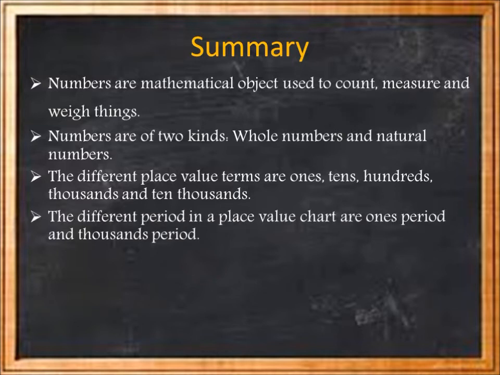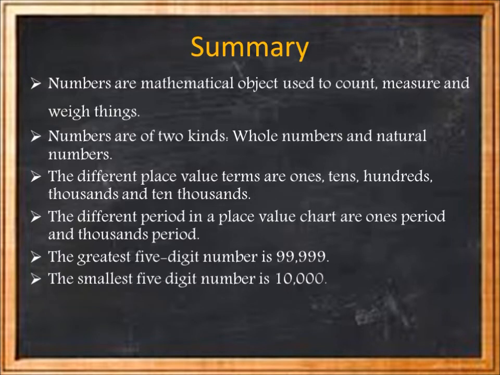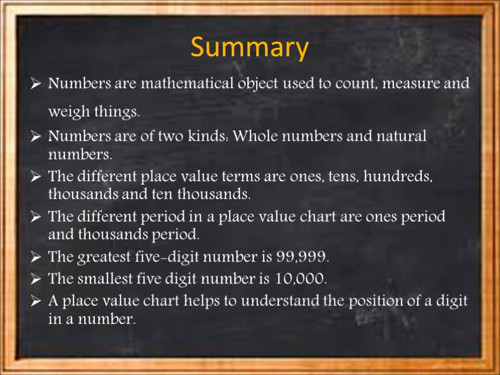The different periods or groups in a place value chart are the ones period and the thousands period. The greatest 5-digit number is 99,999. The smallest 5-digit number is 10,000.